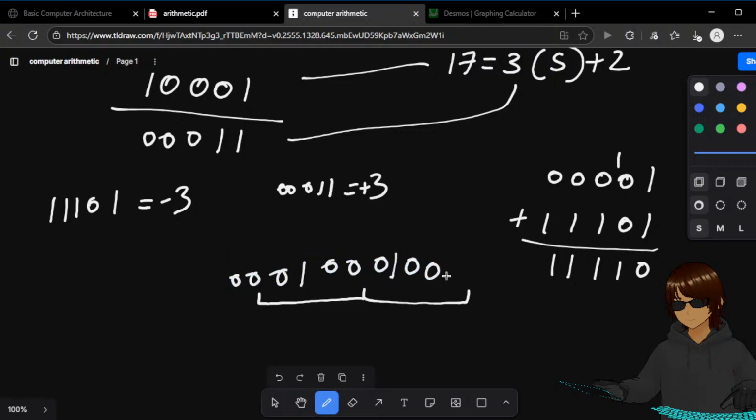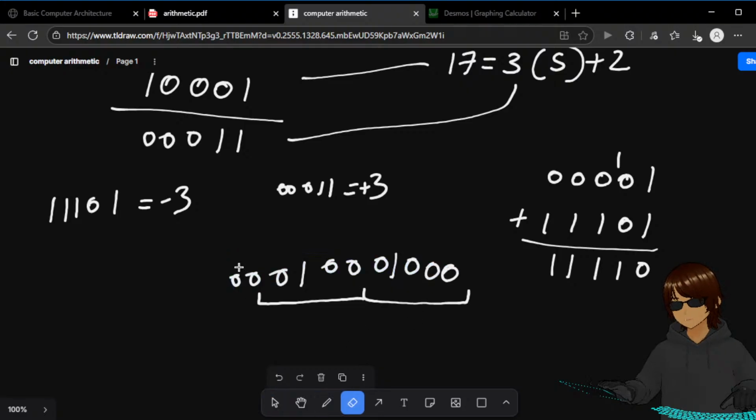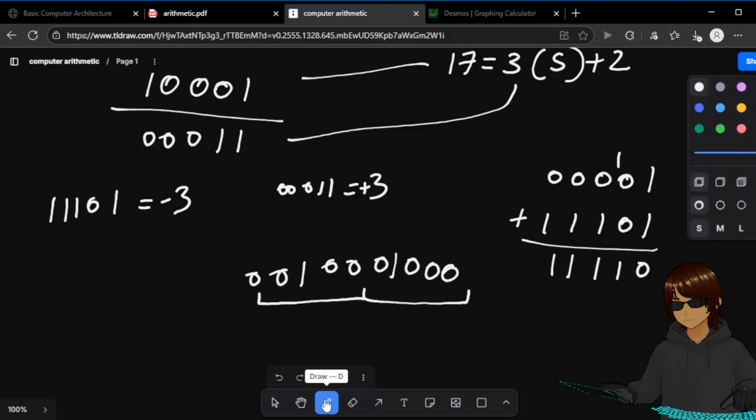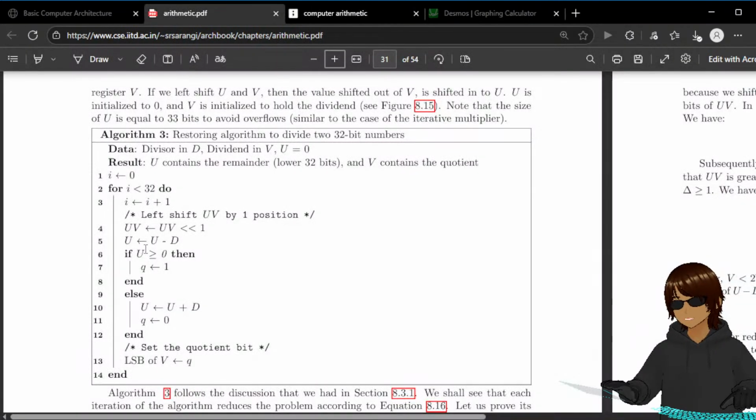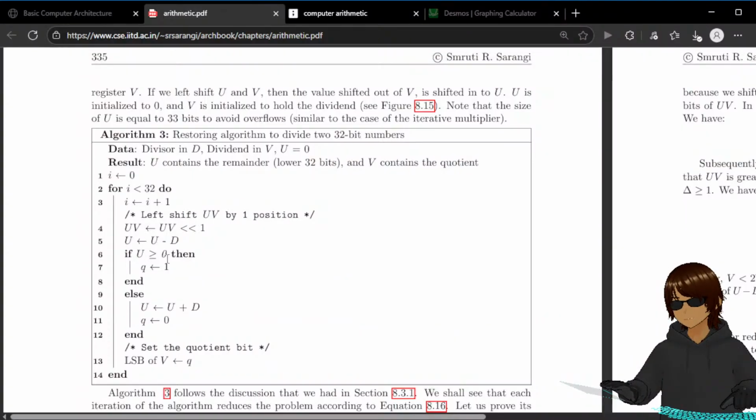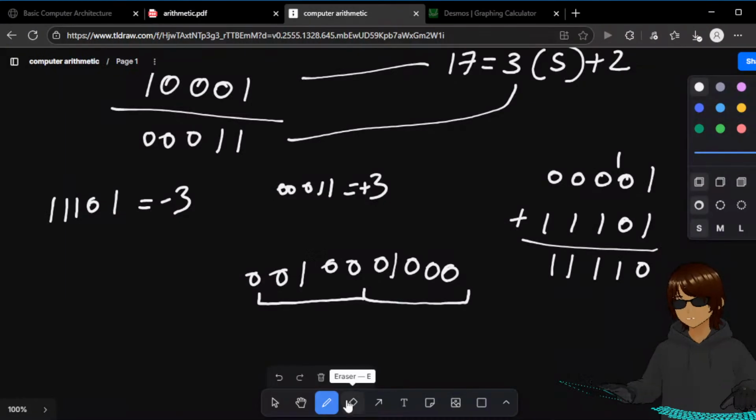Shift. I don't know if I'm right. So 4 minus 3 is 1, which is more than 0.